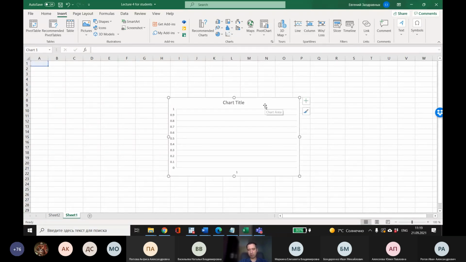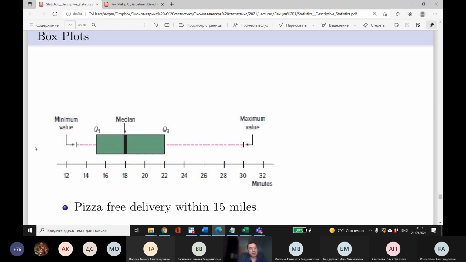And again, let me stress that the methodology of making box plot can be a little bit different in different statistical packages, Excel and our textbook. In my lecture, I use the simplest way to make a box plot when we use minimum value, maximum value, and three quartiles.